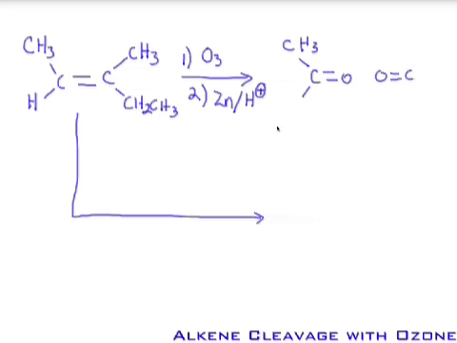It's called reductive ozonolysis, if you like, reductive oxidation. The zinc prevents the oxidation of the H to an OH, and it stays here, and we get an aldehyde.